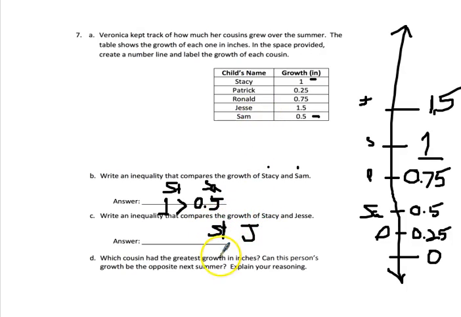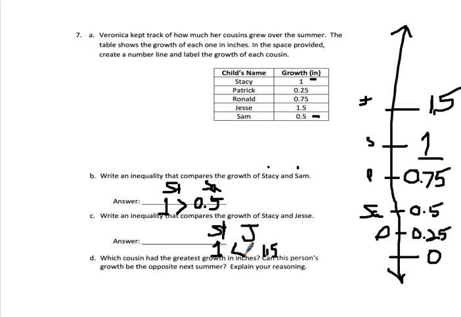And again, Stacy is 1 inch. Jesse is 1.5 inches. So my inequality is going to be that Stacy is less than Jesse. Okay, Stacy didn't grow as much as Jesse.